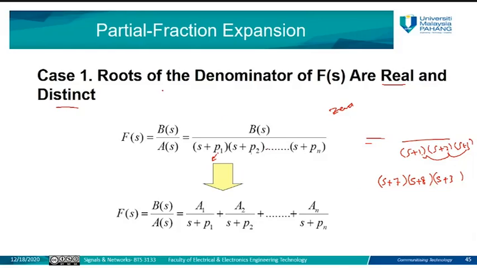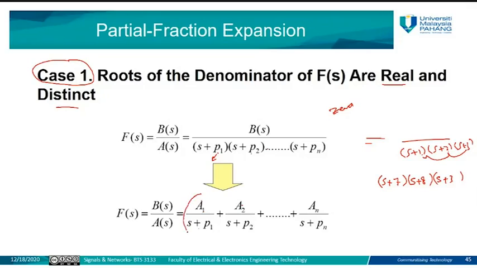In this case, we call it case 1, and we are going to simplify the function into this form: A1 over s plus P1, plus A2 over s plus P2, until An over s plus Pn. Then we are going to find the values of P1, A1, A2, A3, and so on. So we convert the complicated transfer function into a simple partial fraction function.